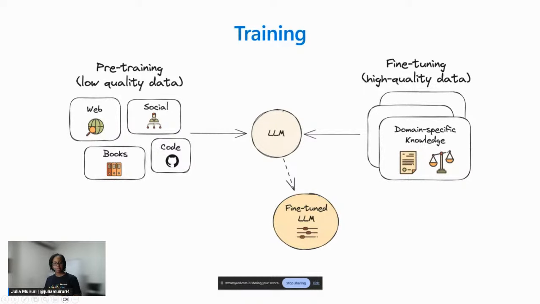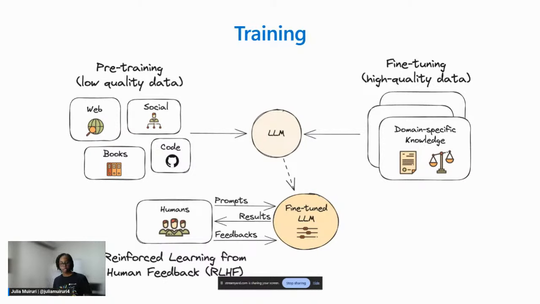Then the last thing: if you want to take a further step and improve the quality of the results from this LLM, you can take an approach where humans come in to ask questions to this LLM. You take the answers they get, you evaluate these answers manually, and you see if the LLM is performing as it should.